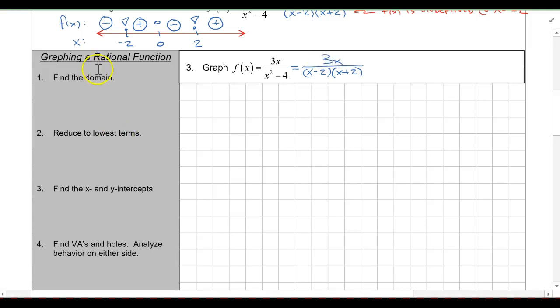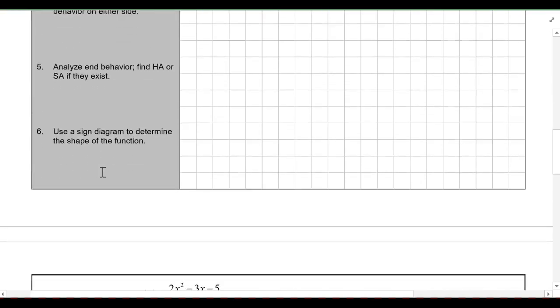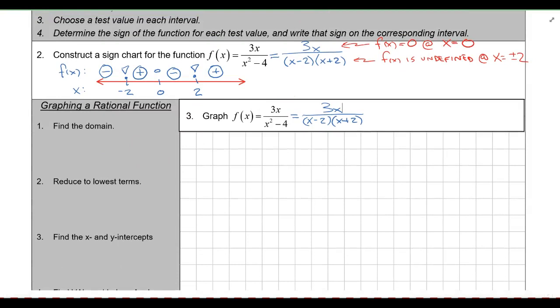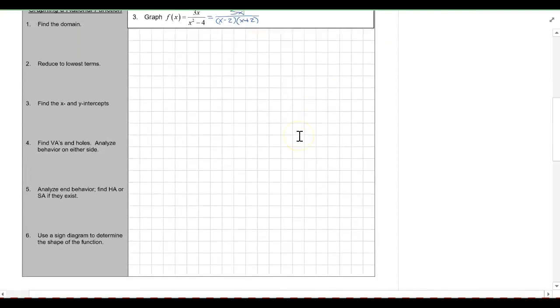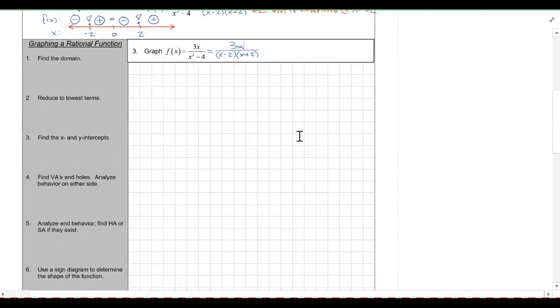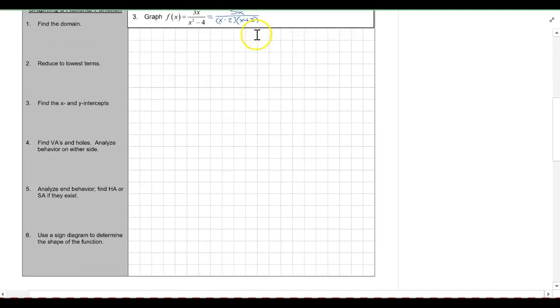All right, so the gray box on the left here contains a 6-step procedure for graphing rational functions. I'm going to zoom out a little bit so we can see the entire page. Bear with me. Okay, so there I can see the whole thing now. So I'm going to graph this function in this graph paper region right here. I'm going to need some x and y axes. So let me insert those.